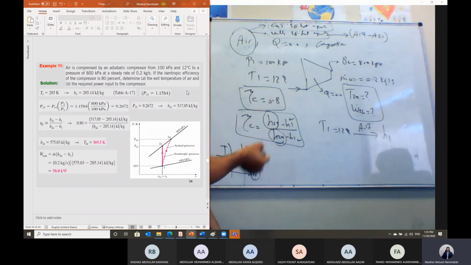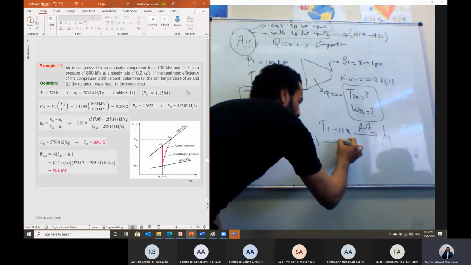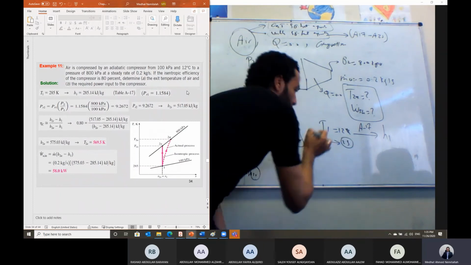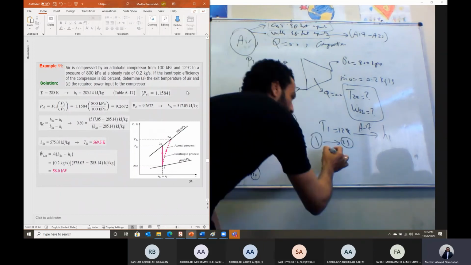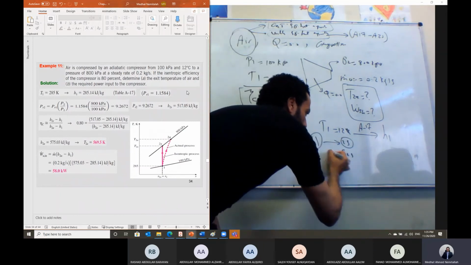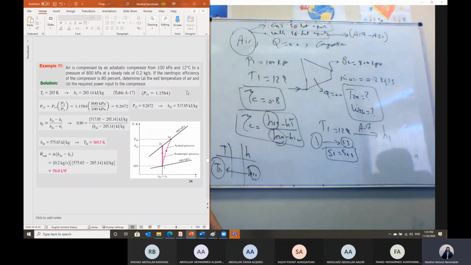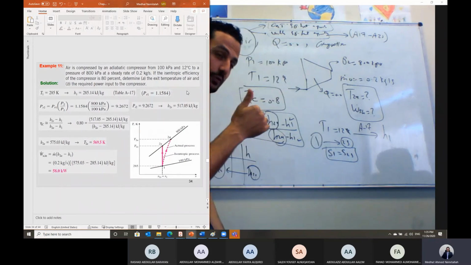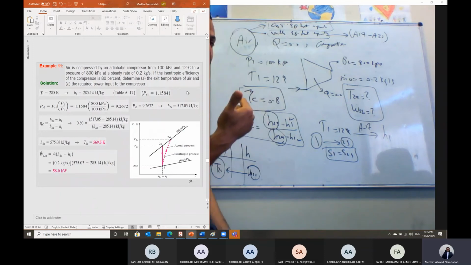What about h2s, the process from 1 to the isentropic exit condition 2s? We have s1 equal to s2s, since the entropy is constant. Now we have an ideal gas undergoing an isentropic process, and again we have the two approaches, constant specific heat and variable specific heat.